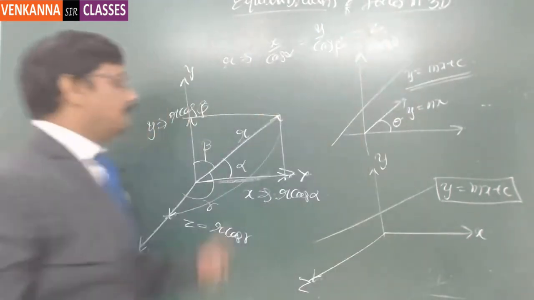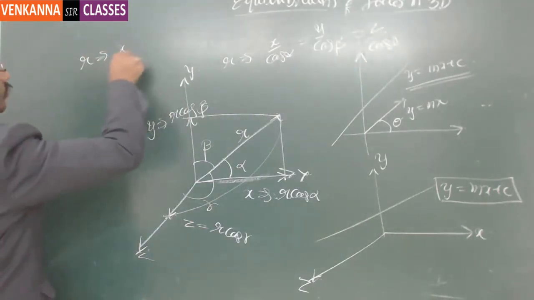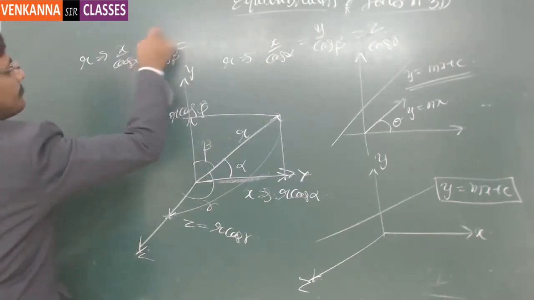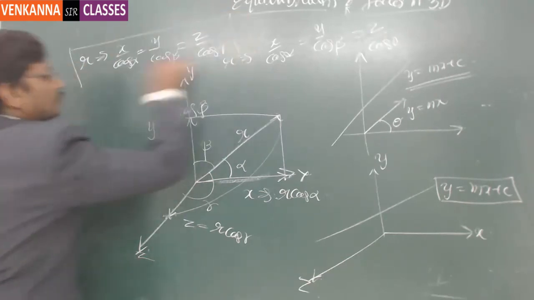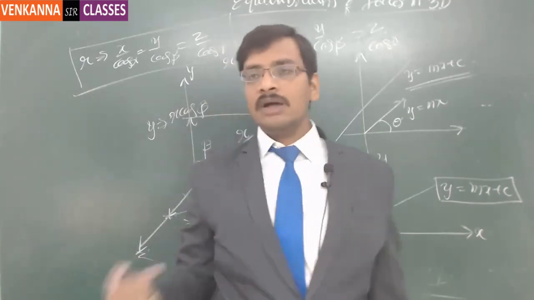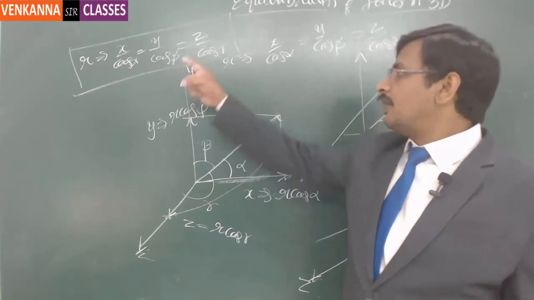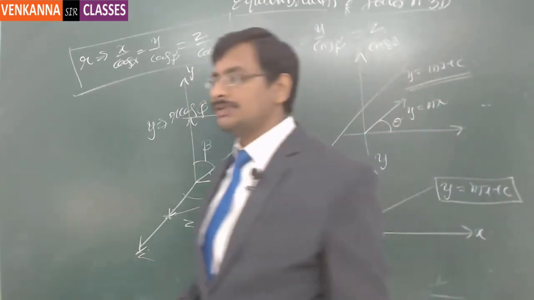That means r is equal to x by cos alpha equal to y by cos beta equal to z by cos gamma, and this is going to represent a straight line equation. So this gives the fundamental relation: if x by cos alpha, y by cos beta and z by cos gamma are all equal, then that equation represents a straight line.